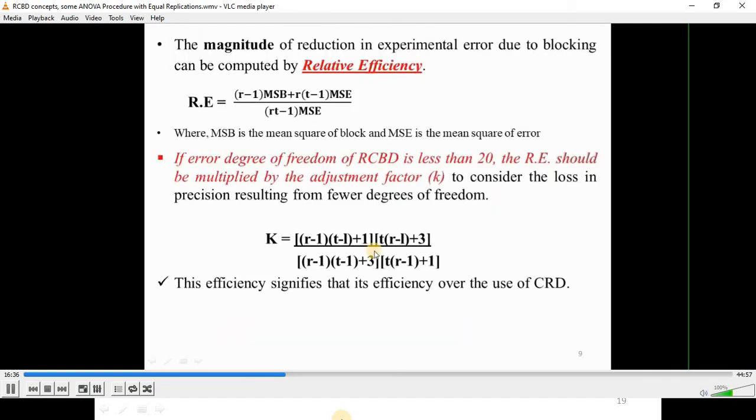And to see the magnitude of reduction in experimental error, we need to estimate the blocking relative efficiency.